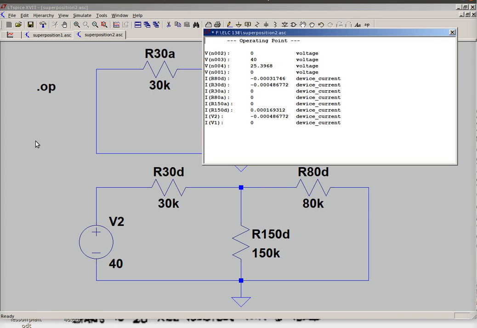To put results in terms of the voltage drop across the 30K resistor, it would be the difference between 40 and 25.4, so 14.6. That would be the drop across the 30K resistor.